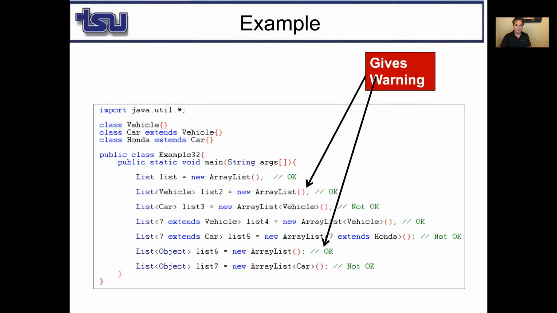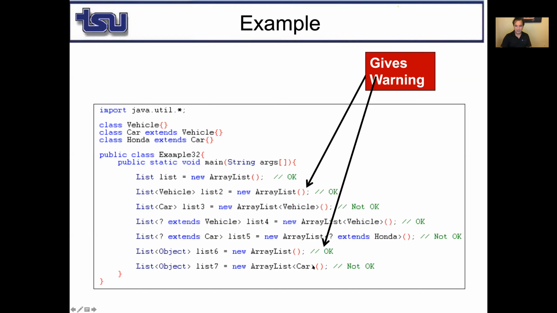Okay, let's see. All right, I create a list of array list. This is perfectly okay. By the way, I have vehicle, car extends vehicle, Honda extends car. Okay, I created those. And let's go to this list object, list 6, array list. This is also okay. And list object, you see both sides must be the same.